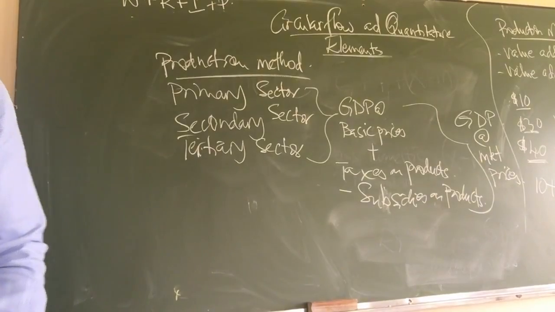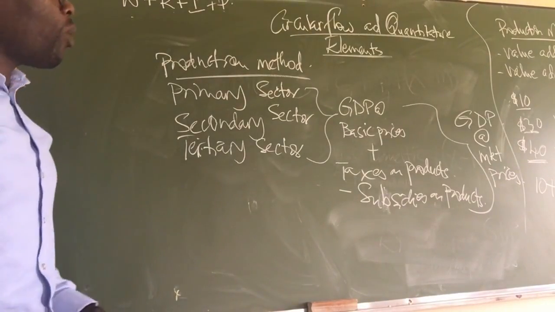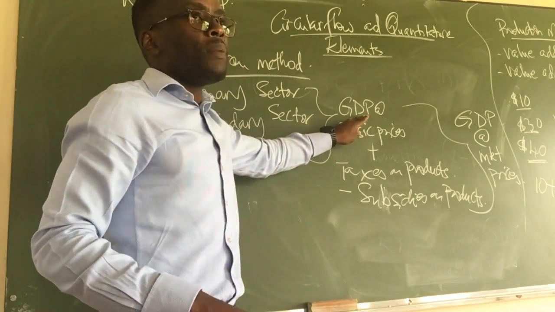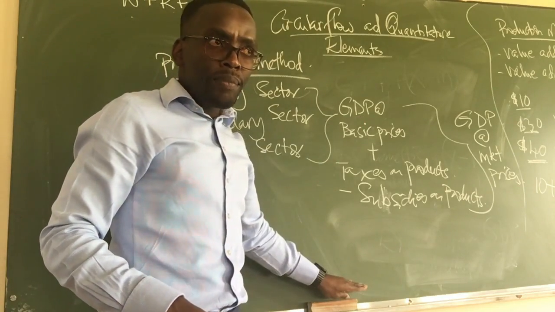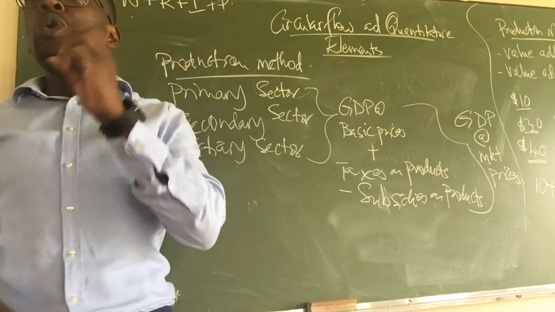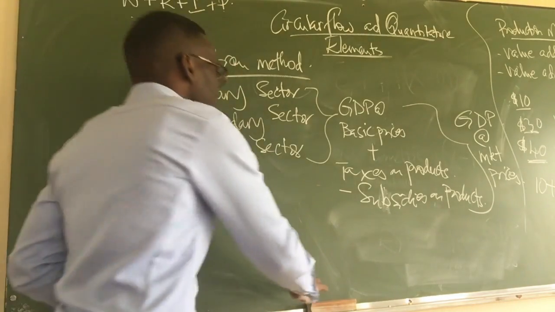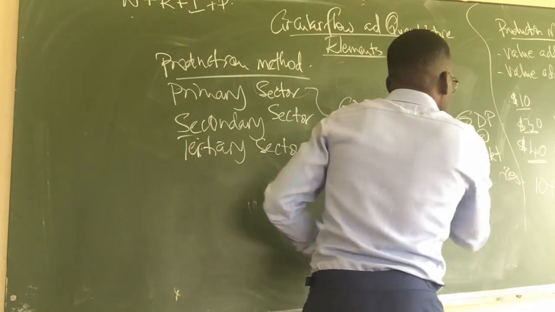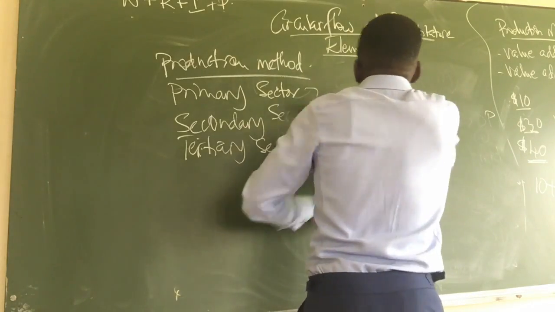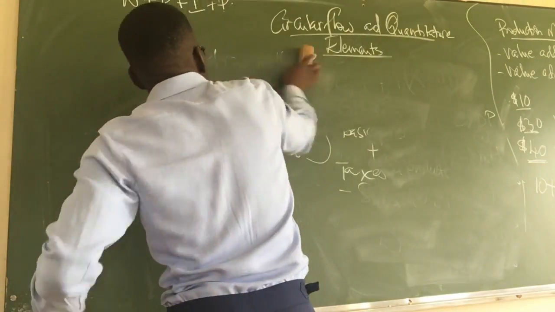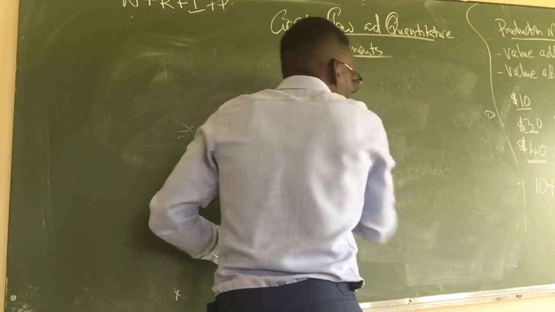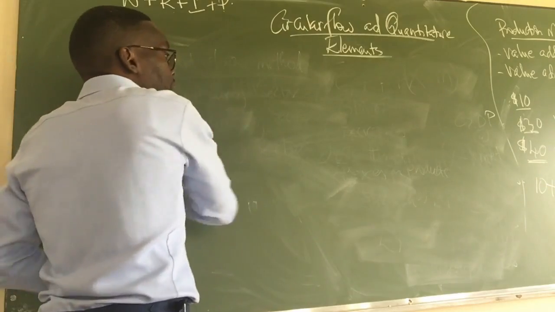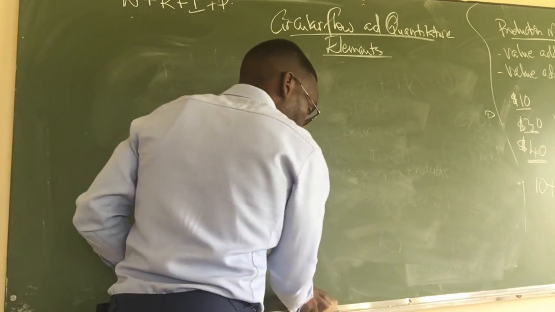But let's just quickly look at how we convert the GDP to GNP. Now, when we looked at GDP, we said gross domestic product looks at the total value of all final goods and services produced within the borders of the country over a period of 1 year.